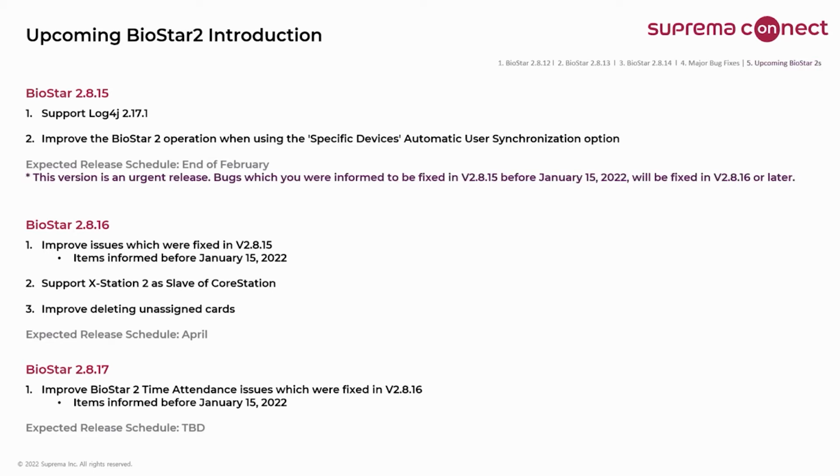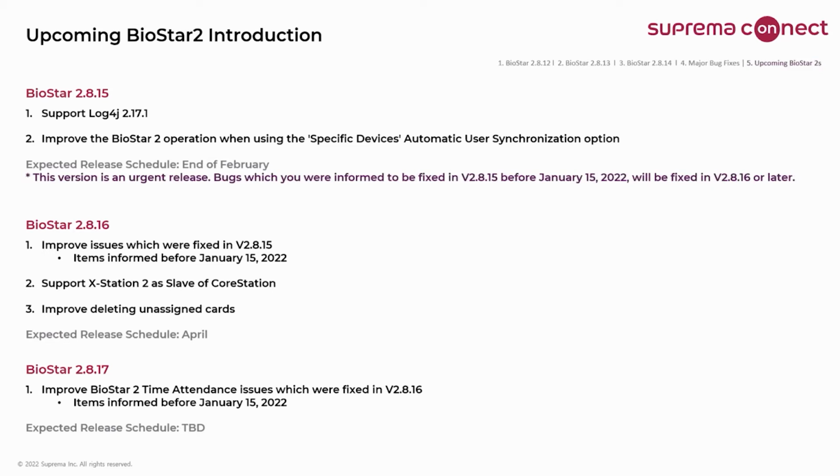released. Next, BioStar 2.8.16 will improve the access control functions. If you have been told about improvements scheduled for BioStar 2.8.15 by the Suprema Tech Support Team before January 15, 2022, please notice that the version has been changed.